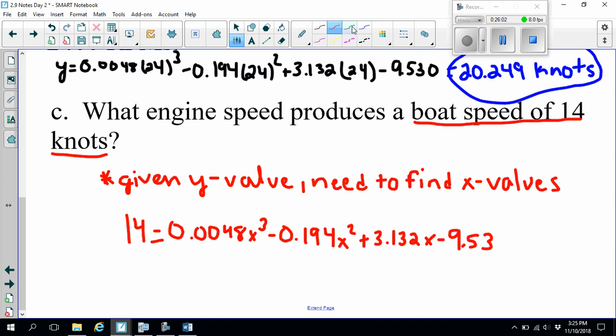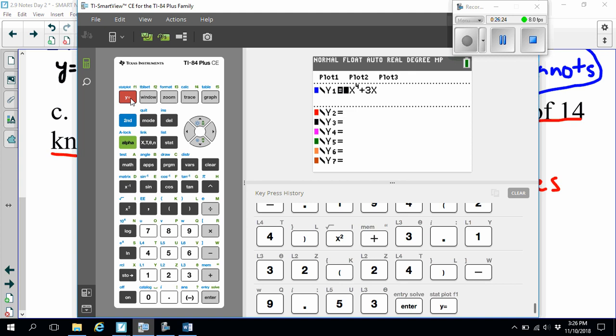What I'm going to do is use my 14 as my y2, and use the function we got from our regression as my y1. So I'm going to plug this into my graphing calculator. I go to y equals, clear anything I have here.